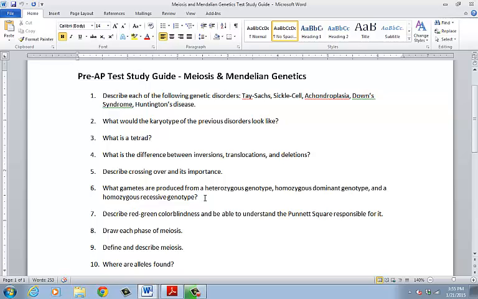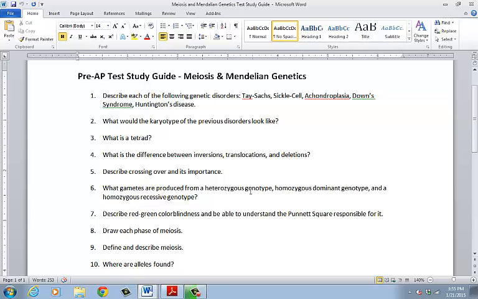What gametes are produced from a heterozygous genotype, homozygous dominant genotype, and a homozygous recessive genotype? Well, ultimately, if we have a heterozygous, that's a capital letter and a small, a dominant and a recessive allele, and you want to look at what is produced.